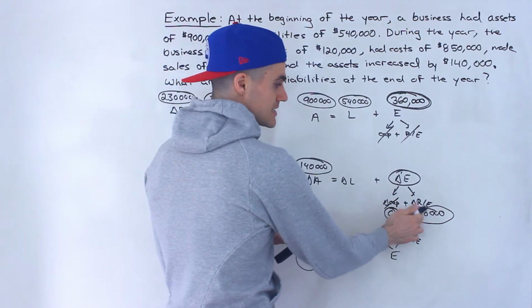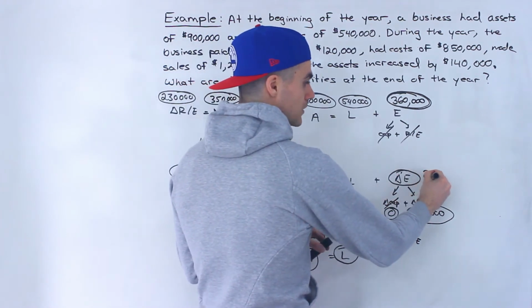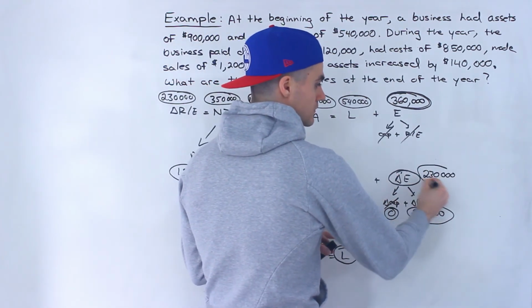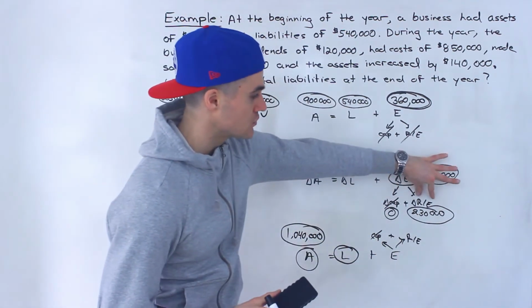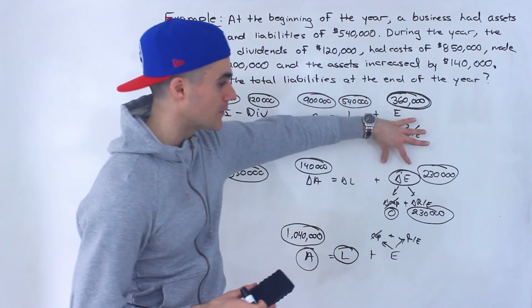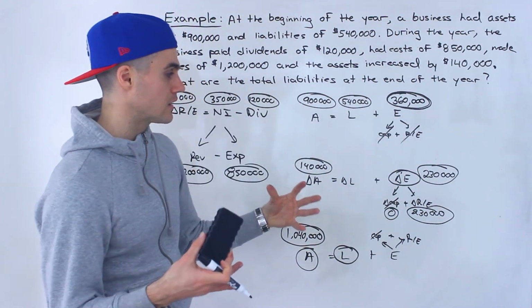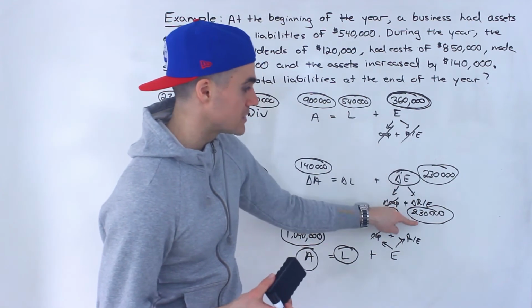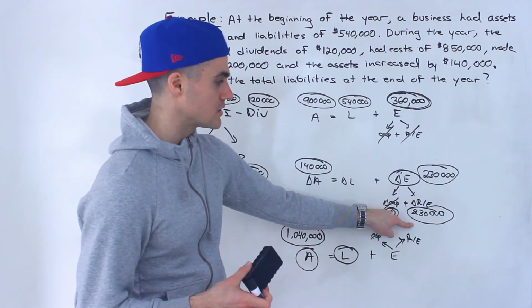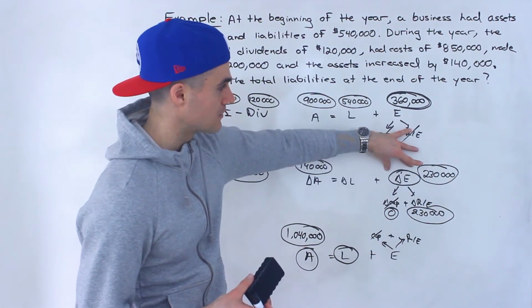And so this plus this means that the change in total equity is going to be 230,000. If there's no change in capital and there is a change in retained earnings, and both of them added up give us the change in that total equity account, then because the change in capital is 0, the change in equity is the same as the change in retained earnings. This just flows up to here.